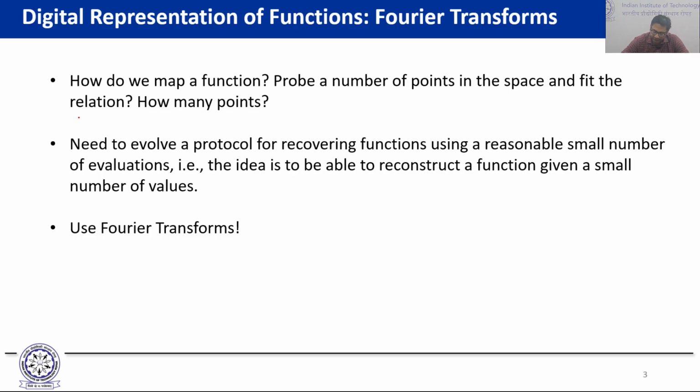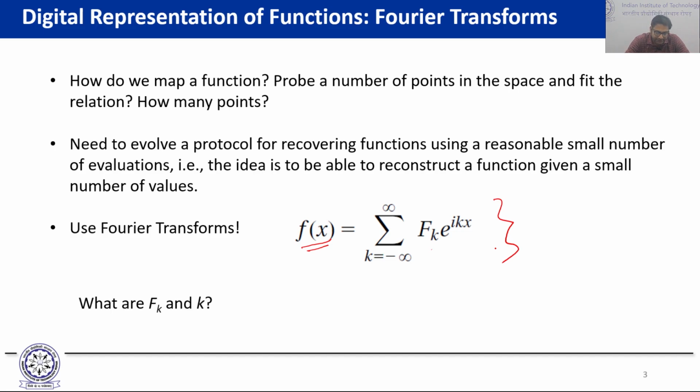And so for that we are going to use the Fourier transforms over here, and the Fourier transform means this function f(x) can be written as a sum of f_k times e to the power ikx. Essentially what we are doing is we are writing the function in the form of a Fourier series. So over here, what are this f_k and k? This f_k over here, these are the Fourier coefficients, and k is something which is essentially related to your periodicity.